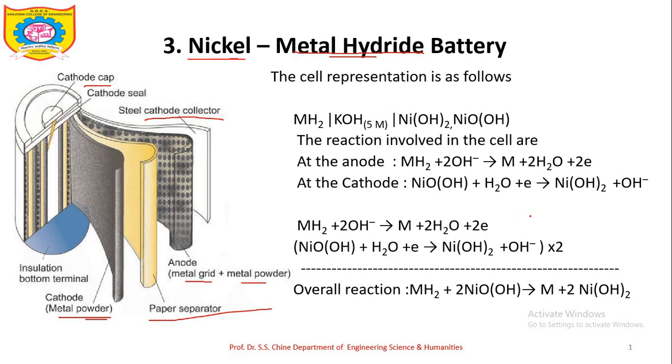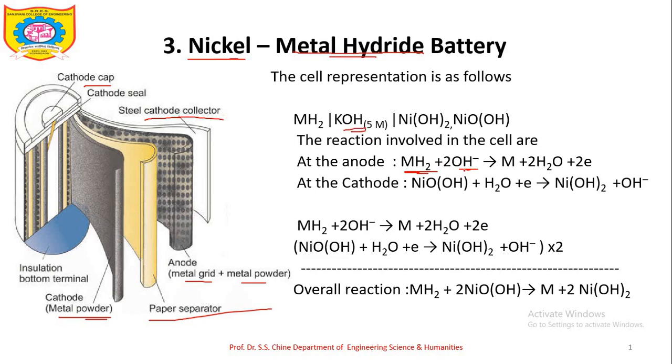Now the reactions or working of this nickel metal hydride battery. So at anode, this metal hydride is there, plus this OH minus. So OH minus, that is our electrolyte, which is of 5 molar.